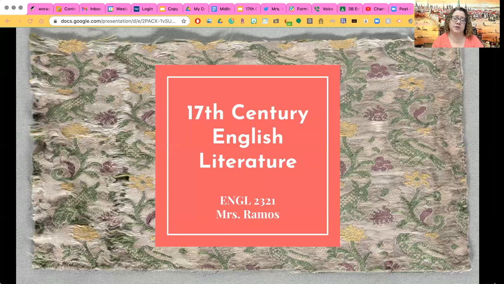So let me go through some of the background information for 17th century English literature. There are about 35 pages in your textbook that go through the 17th century. They call it the early 17th century or the Restoration, and I'm kind of distilling that down. I think I've said this before, the textbook does a lot more history than I think is necessary in a literature class.